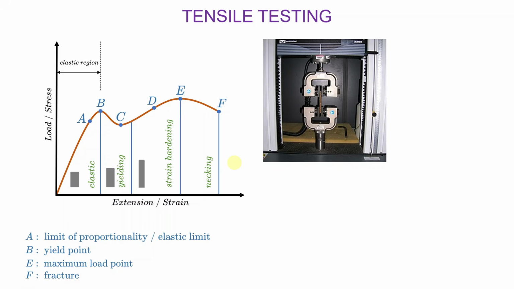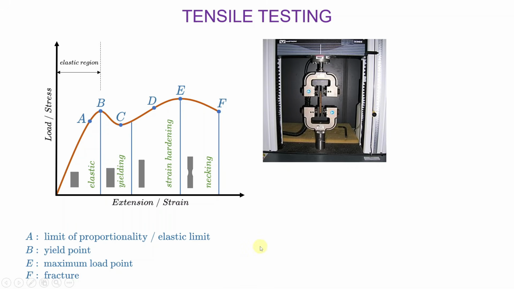It is called necking because as you continue to further stretch the material, somewhere in the middle of it, it begins to take this shape. This is what is referred to as necking. I hope you can see that. The reason it's taking this shape is because it's about to break. And finally, when you reach point F, which is fracture, that is where it is actually going to break.